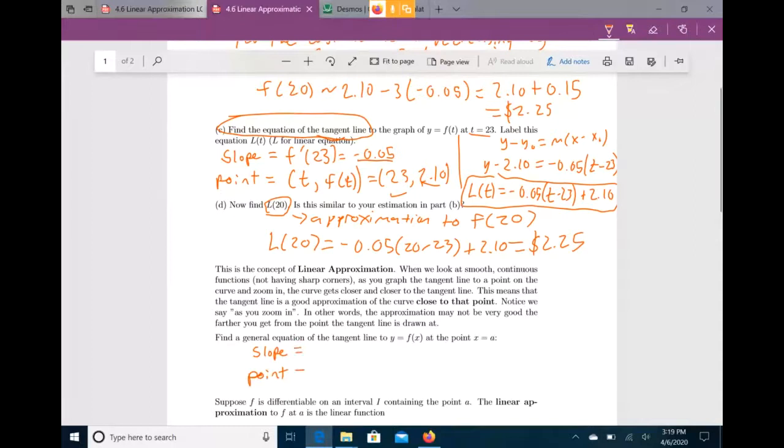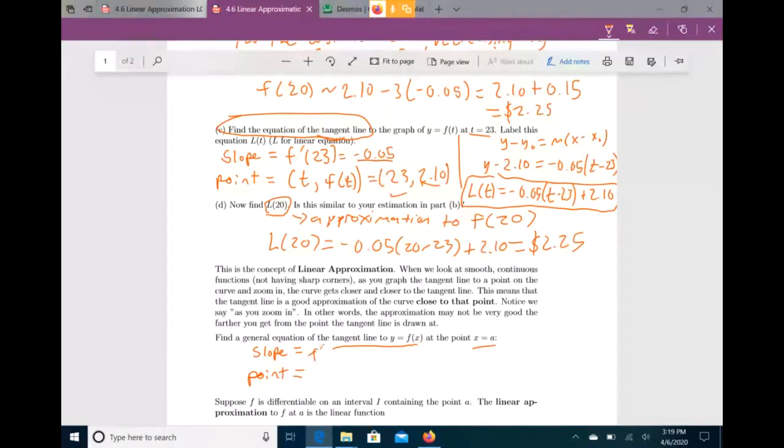The slope of the tangent line to y equals f of x at x equals a is f prime, and at x equals a, it'll be f prime of a.